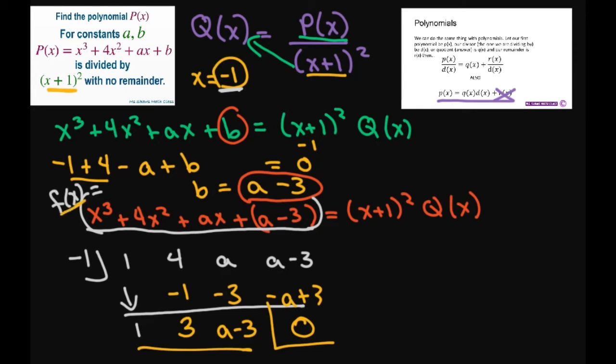So now that we have our f of x, for this piece here, remember we started at x cubed, so this is going to be x squared. So basically we're going to have our f of x equals x plus 1 times x squared plus 3x plus a minus 3.